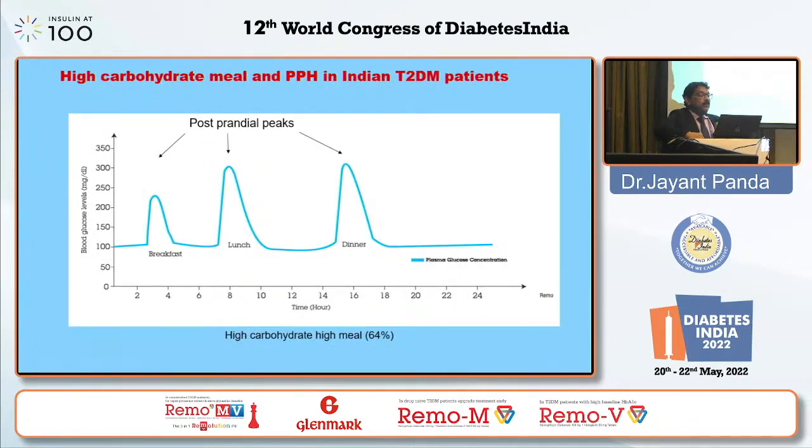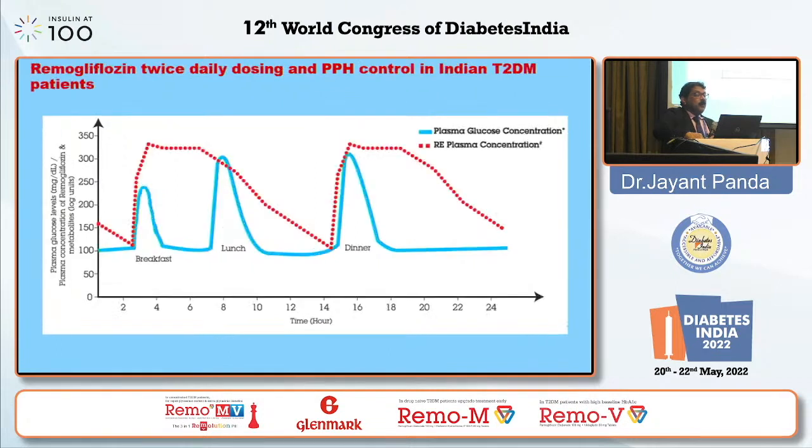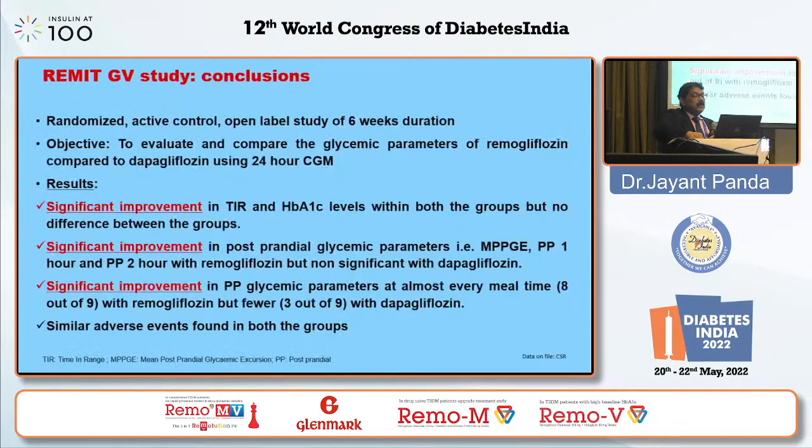So here, if we put the postprandial peaks like breakfast, lunch, and dinner, and put the remogliflozin curve, the dosing in the postprandial glucose control, the mechanism may be that with twice daily dosing we are getting better control, taking the peaks of the glycemic excursion, which results in statistically significant control of glycemic variability and postprandial excursions.